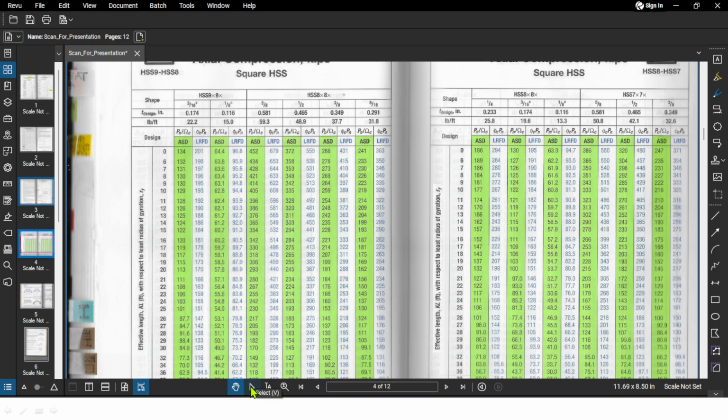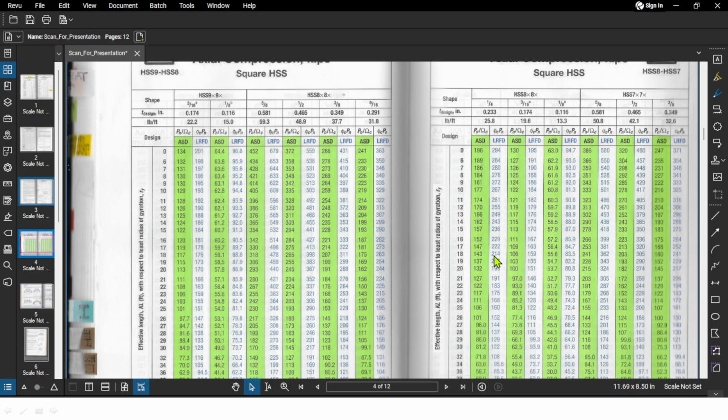If you go across, under the column of 1/4 inch thickness of our profile, you will get the ASD value of 143, the same as what we calculated in the longhand calculation, and the design strength, the LRFD, 214. So these are the values.